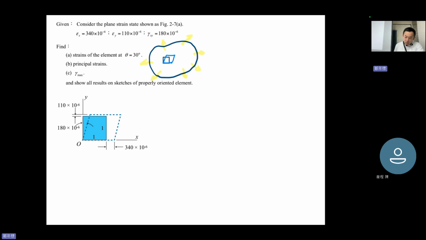So what is the strain of the element if you have a material, what will it look like if the same point has the 30-degree orientation? And what will it look like after deformation?